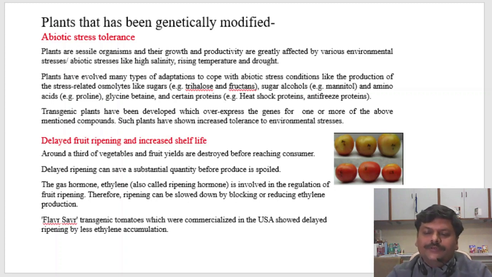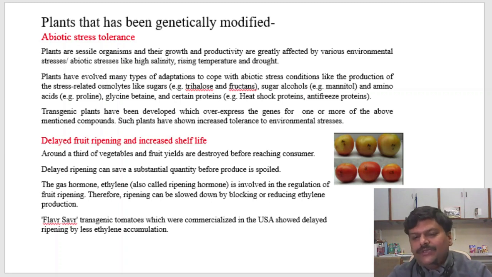If I give you examples, apples in our country are produced in the hilly areas, mostly in Jammu and Kashmir and Himachal Pradesh. But apples are consumed all over India, and many times during transportation from the production areas to the consumer areas, fast ripening happens, and before it can reach us, it is overripe and cannot be used anymore.